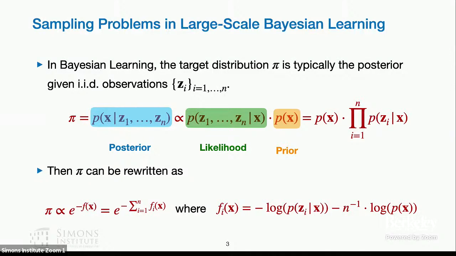With some linear algebra, we can easily show that the target distribution pi can be written as e to the power of minus f of x, where f of x is the summation of n individual functions f_1 to f_n. Each f_i is just the negative log density of each observation minus some log density of the prior distribution. So this is one particular application of sampling from log-concave distribution.